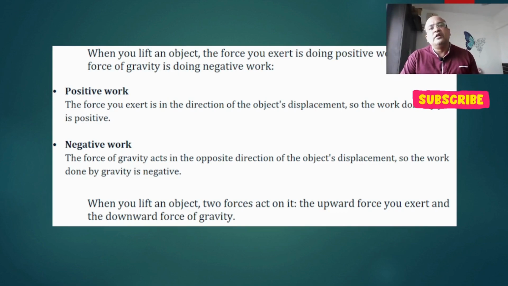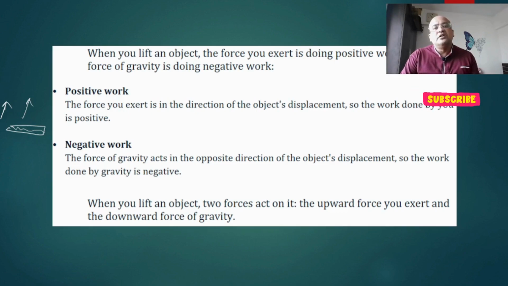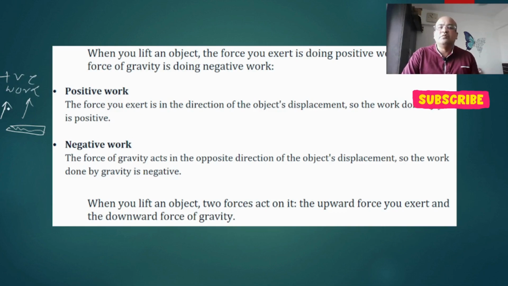When you lift a book, you are exerting a force and the displacement is happening in the direction of the force. So this is a positive work. The force you exert is in the direction of the object's displacement, so the work done by you is a positive work.